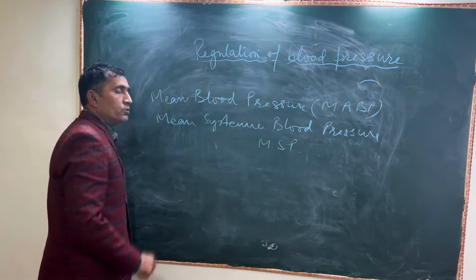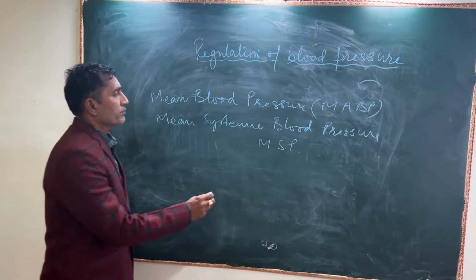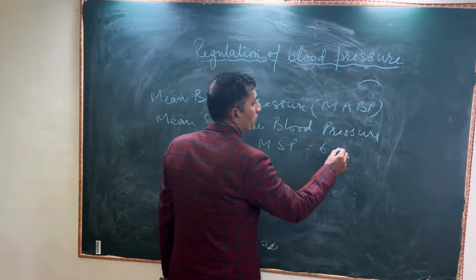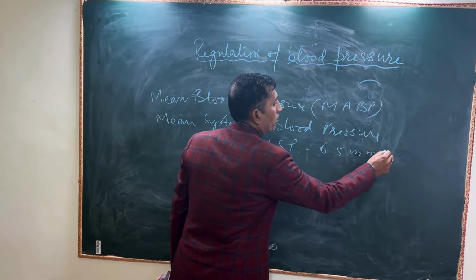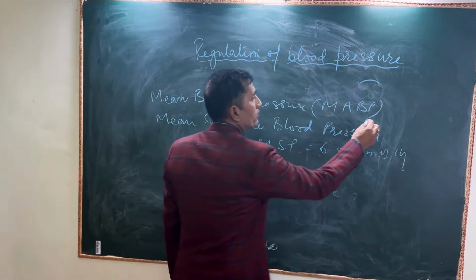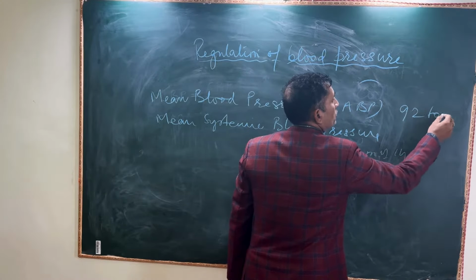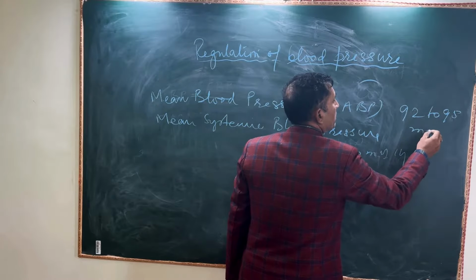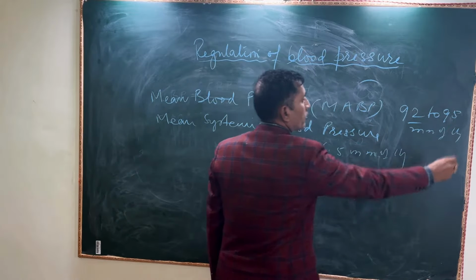Now normal value of mean systemic pressure is 6.5 millimeter of mercury, but the mean arterial blood pressure normal value is 92 to 95 millimeter of mercury. This is the normal value.